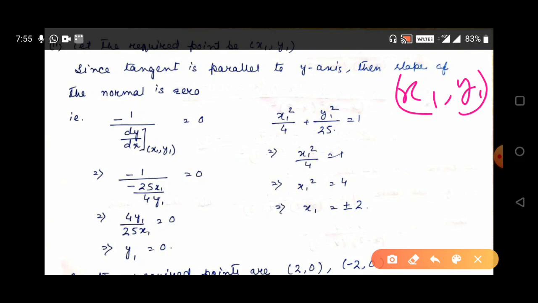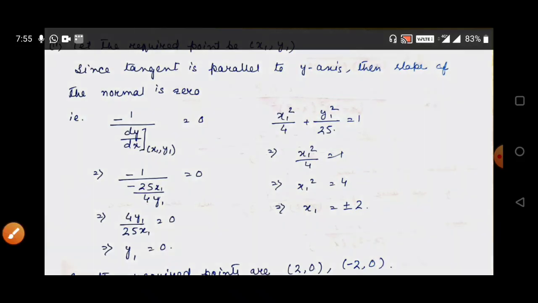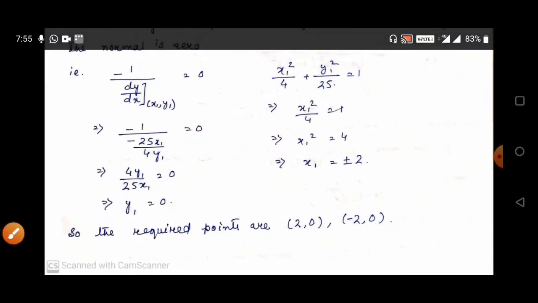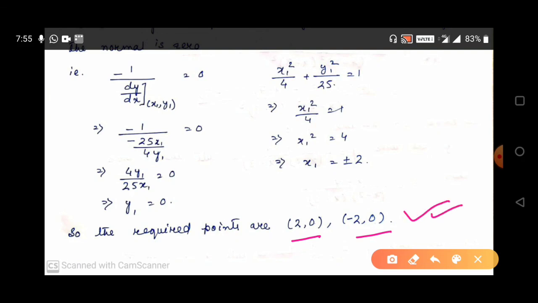So x1 square by 4 plus y1 square by 25 is equal to 1. If we put the value of y1 here, then x1 is equal to plus minus 2. So the required points are 2, 0 and minus 2, 0, and in these 2 points the tangents are parallel to y-axis.